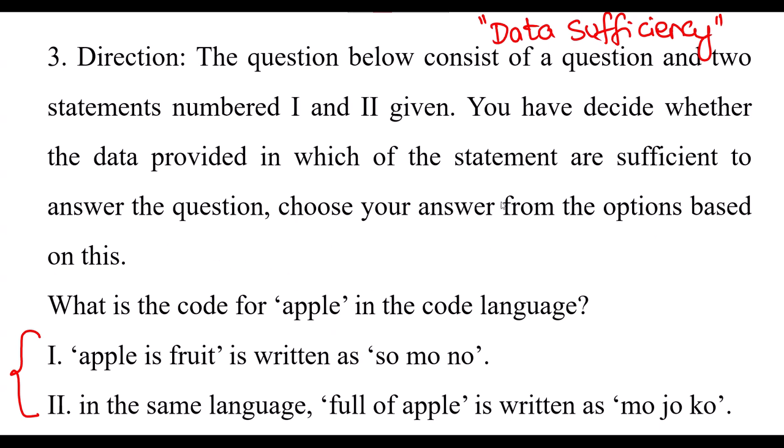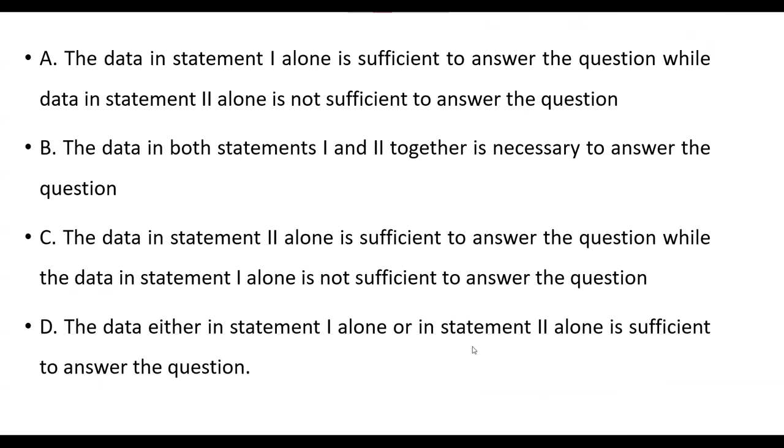Here we want apple. If you compare both of these, we have a common word, MO. MO is nothing but apple. So both statements together give the answer. Option B is correct.